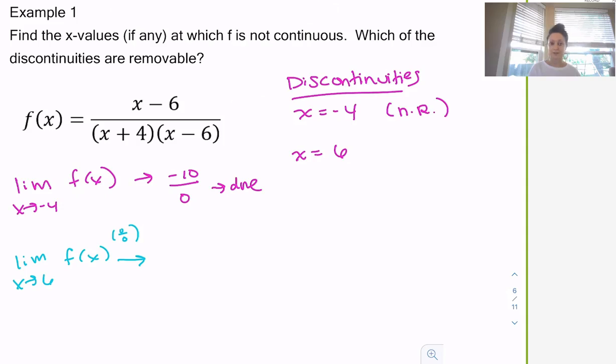So notice this is already factored for us, which is great. So the x minus 6's go away. So now I have the limit as x approaches 6. Don't forget your understood 1 in the numerator, all over x plus 4. This limit does exist, right? I get 1/10. Since the limit exists, this discontinuity is removable.